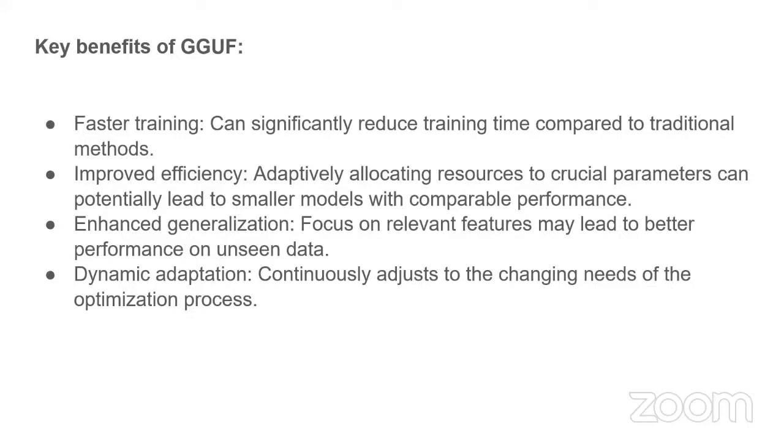Enhanced generalization: by focusing on learning the most relevant features, GGUF helps the model perform better on new, unseen data. This means it's less likely to overfit on training data and more likely to make accurate predictions in real world situations. Then there is dynamic adaptation.